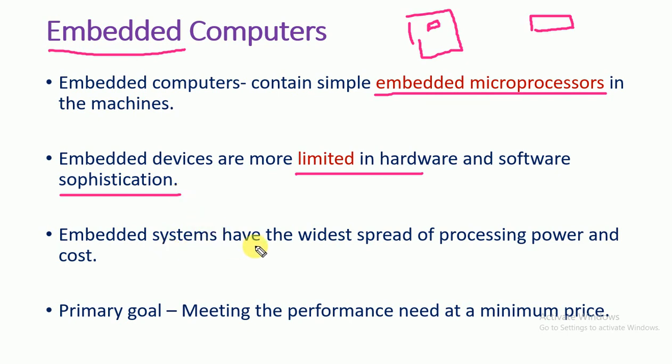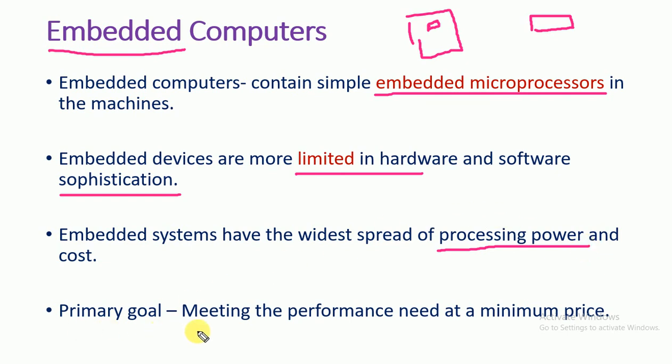Embedded systems have the widest spread of processing power and cost, because as you know, even if it is using a simple chip in a car or for a washing machine or similar devices, the cost is more, because these microprocessors are specific to the working of that particular machine.